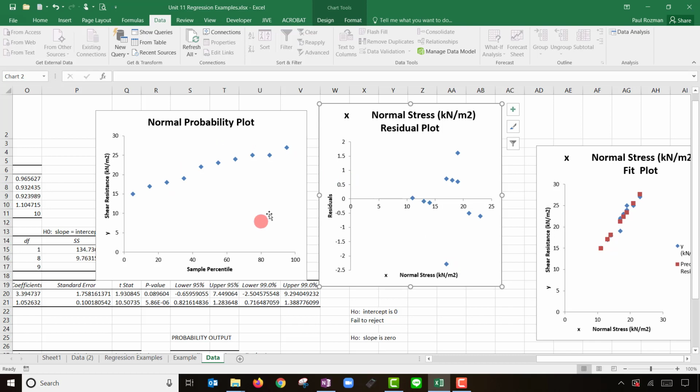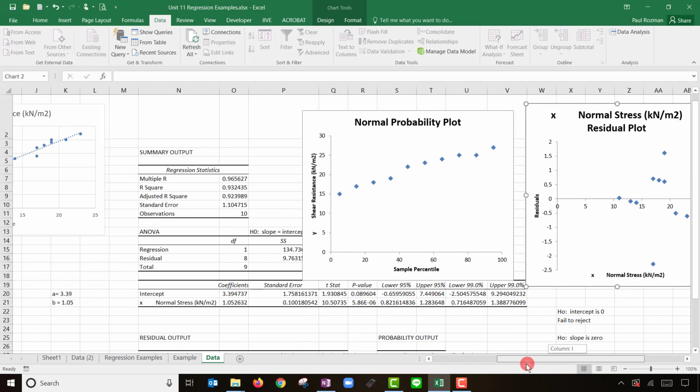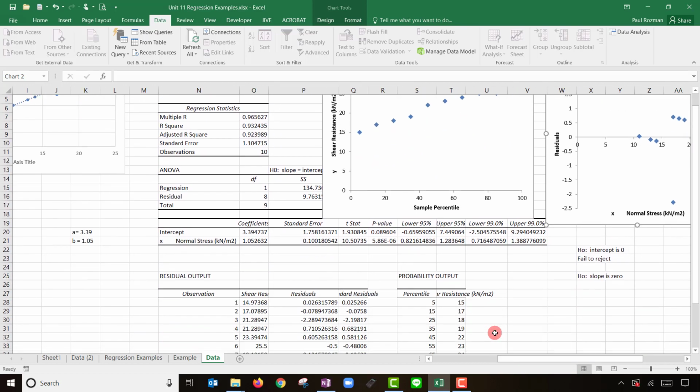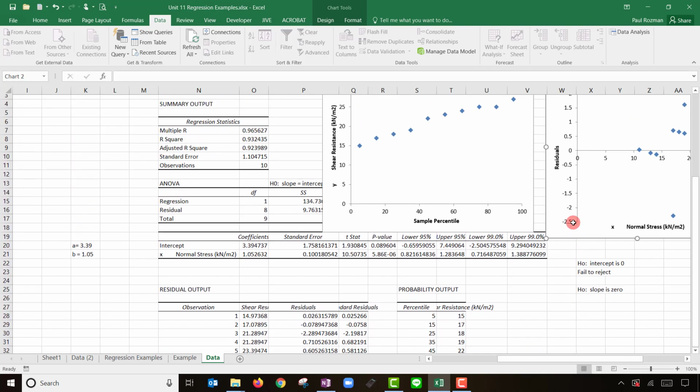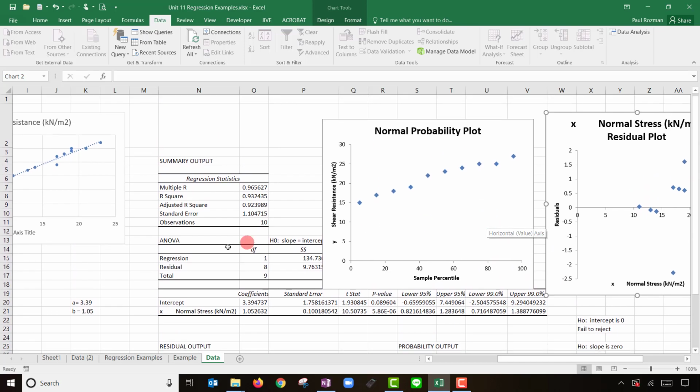There's at least a visual way to check that. I think what's given down below are the calculations of the residuals so that those plots could be made. So that's the Excel output.